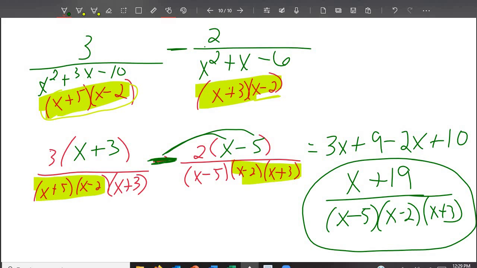All right, let's do another subtraction problem. Well, we'll just do this one.